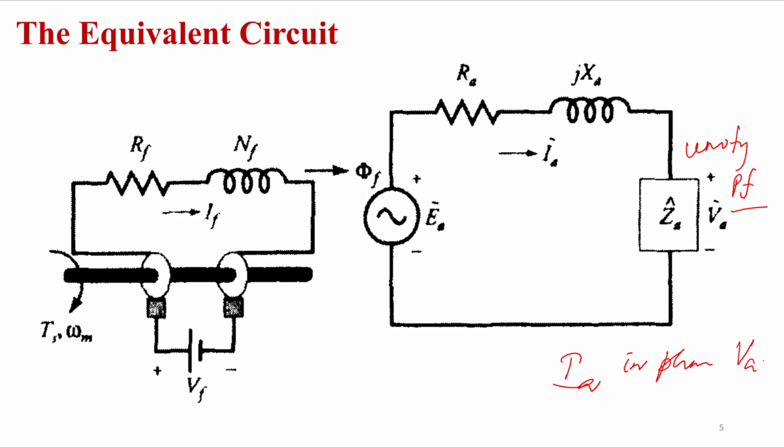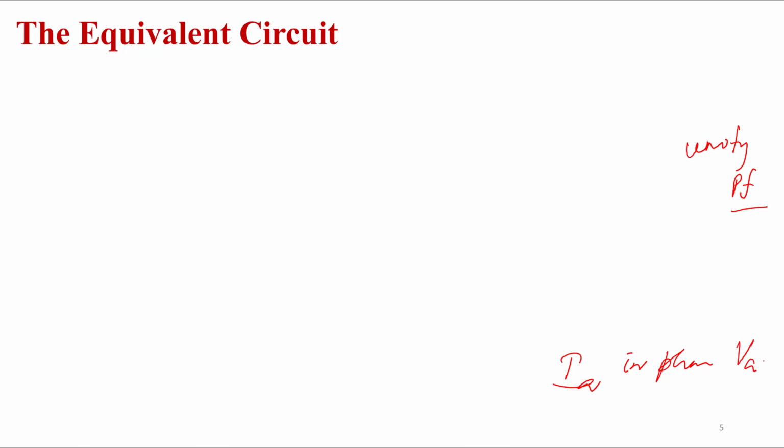Okay. So now how can you draw the phasor diagram for this? I'll tell you how to represent VA, EA, IA and the other parameters. For unity power factor, first I need to draw the reference phasor. What is the reference phasor here?